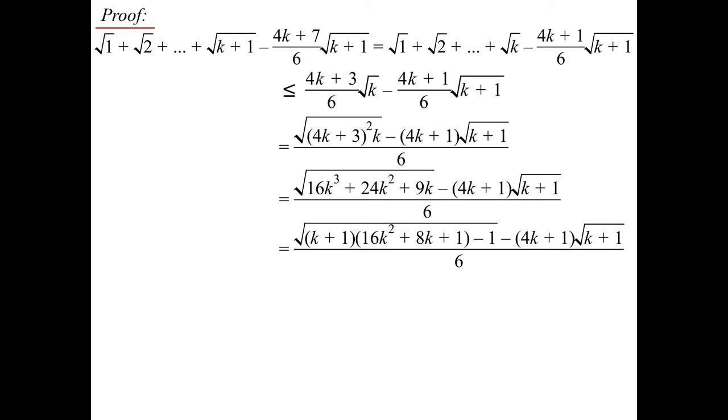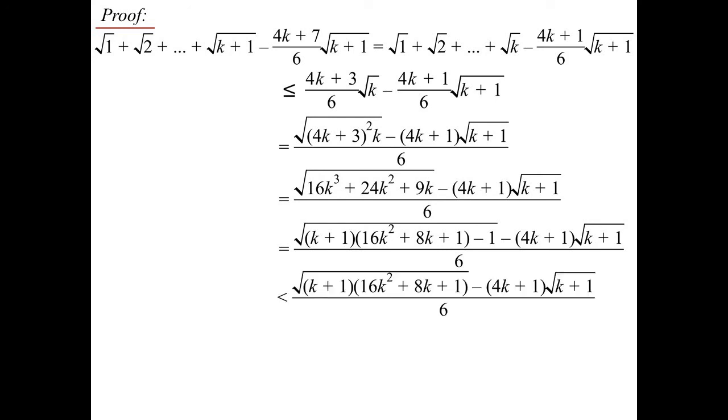But because I'm dealing with an inequality and not an equation, that minus 1 I can now get rid of. Because I can say this line here has to be less than the line underneath it. Effectively, underneath the surd, I've added 1, so I've made it bigger. So this line has to be less than the one underneath. I've now got that factor of k plus 1 that I was looking for.